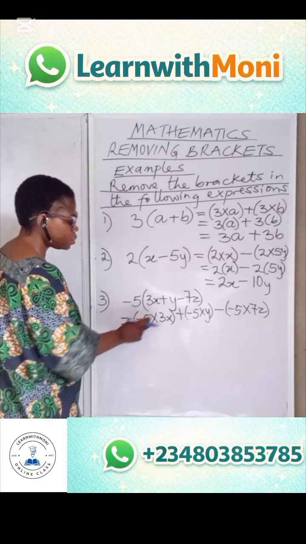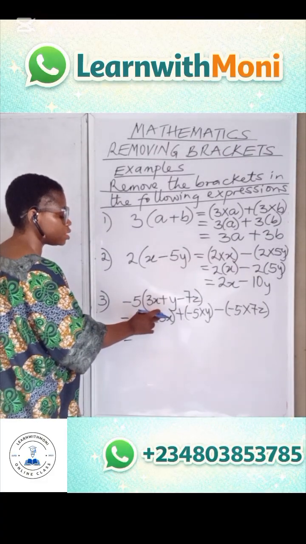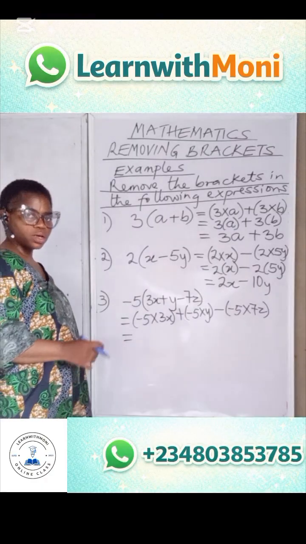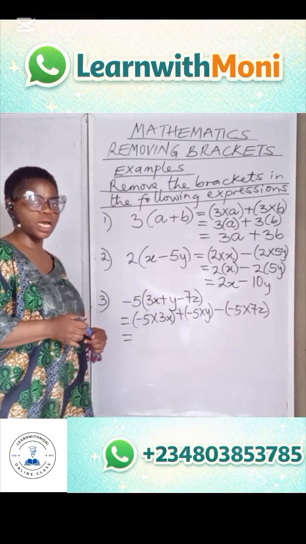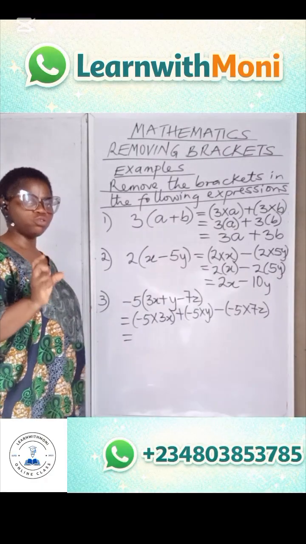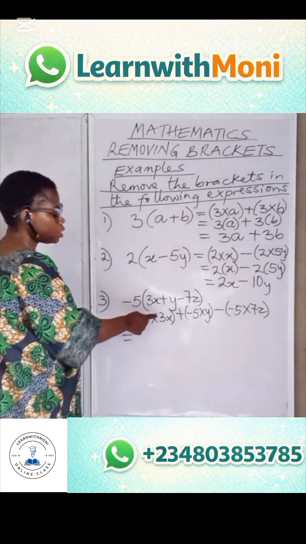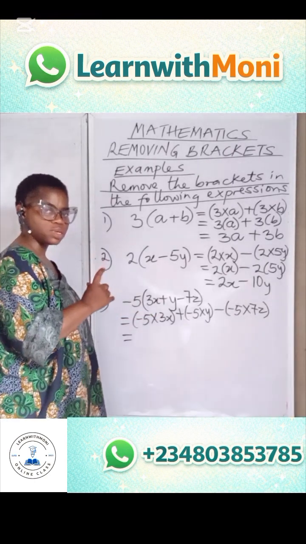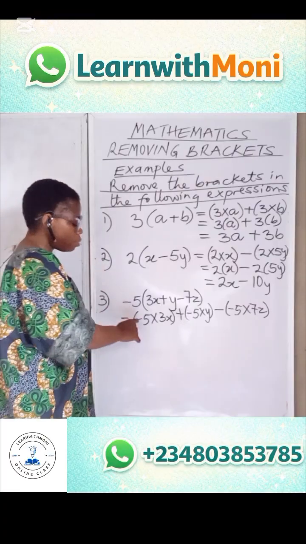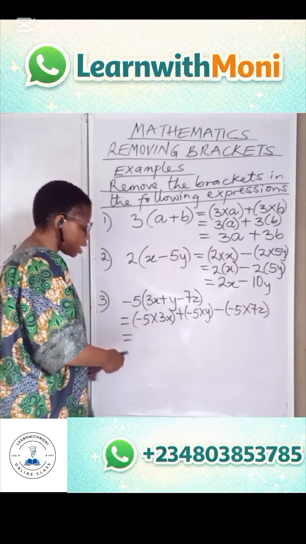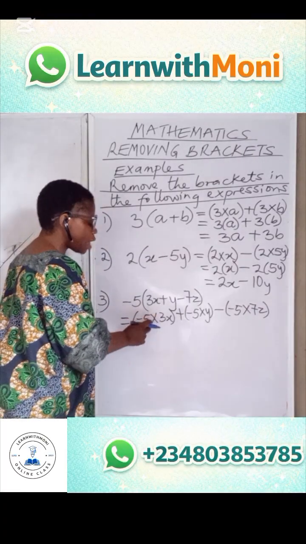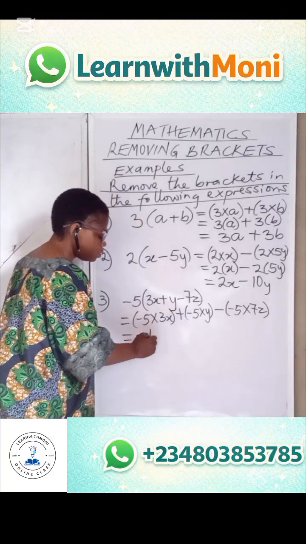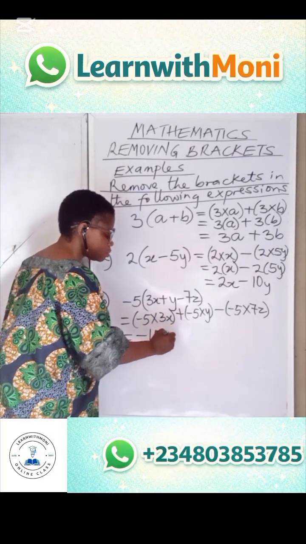Here I have the sign in front of these 3 is plus. If you have not watched my video on directed numbers, make sure you do that at this point. There is no sign in front of this 3x. That means the sign in front of it is plus. Minus times plus is minus. 5 times 3x is 15x.